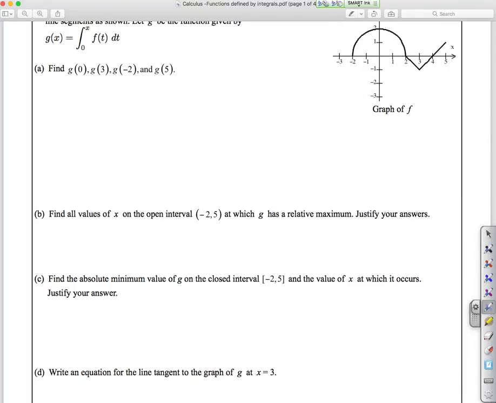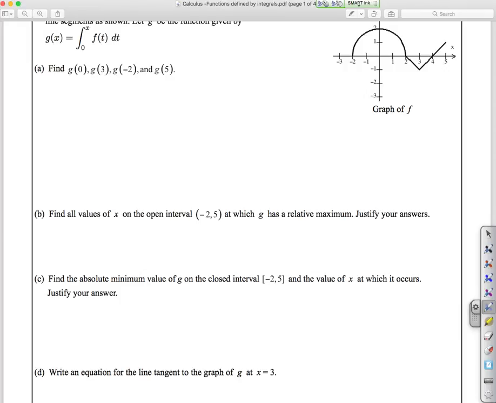Next one says find all values of x on the open interval between -2 and 5 for which g has a relative max. Justify your answers. So what graph am I looking at again? G prime. How do I use G prime to find a max? G prime has to change from positive to negative. So where does that occur? At 2.